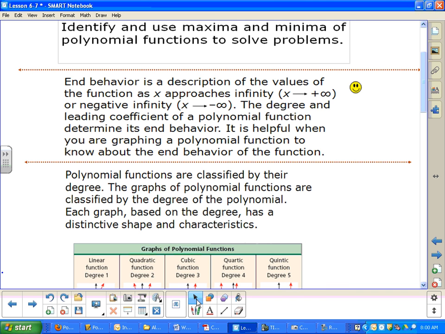When we look at a graph, we're going to see either the graph goes up to positive infinity or it goes down to negative infinity, but what's happening as the graph moves from left to right? That's determined by the degree and the leading coefficient of the polynomial. Those two things determine what's going to happen on the ends.